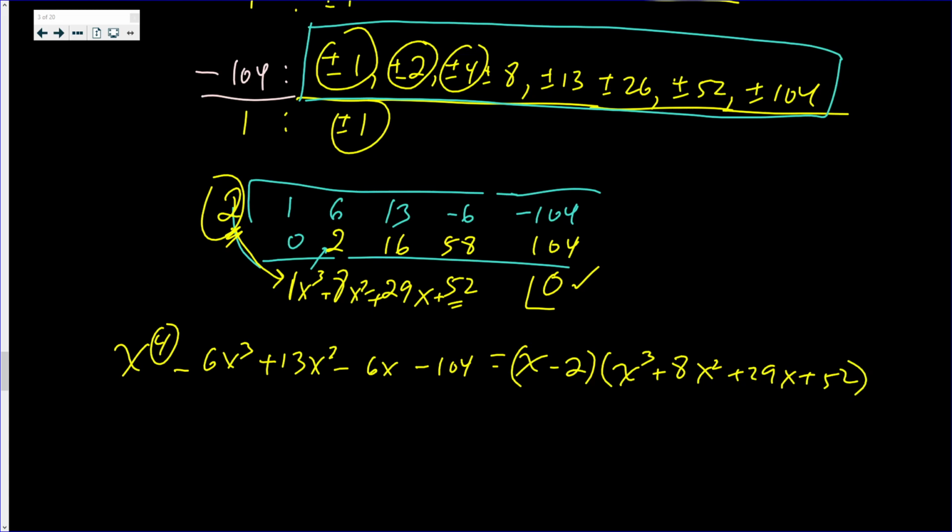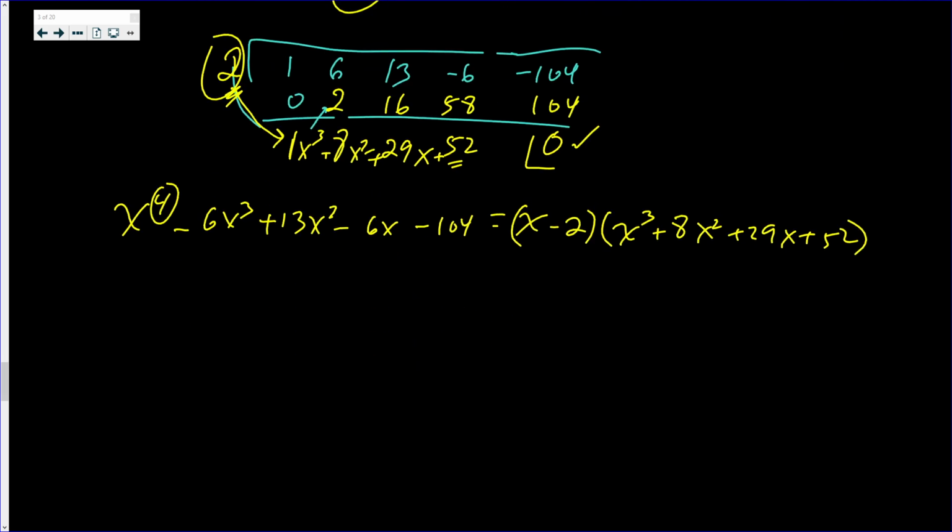Now, I should have crossed out. Okay, so now let's find the possible rational roots. 52 and 1. 52 is smaller.